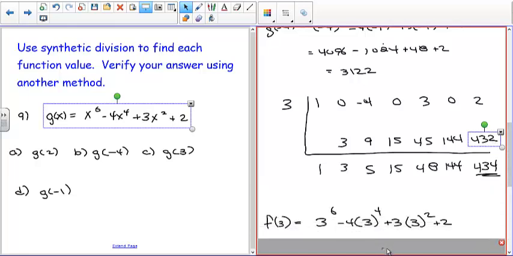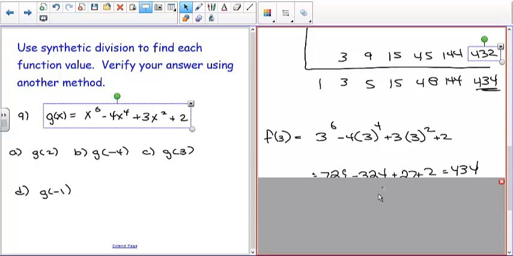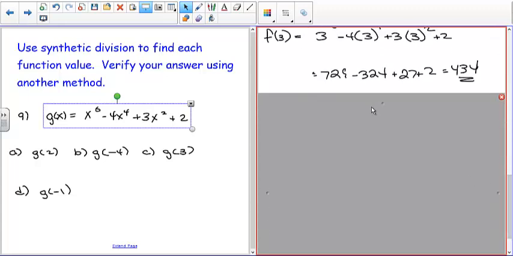If we evaluate the function again at positive 3, we'll get that. 3 to the 6th power is 729, and so forth. You get 434. And then the final one is negative 1.